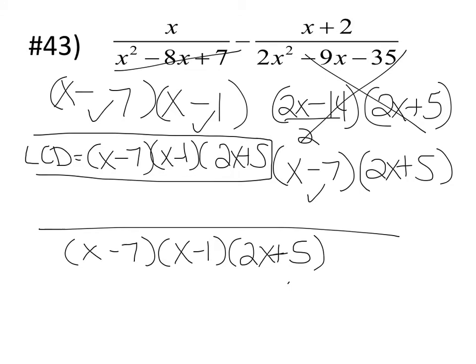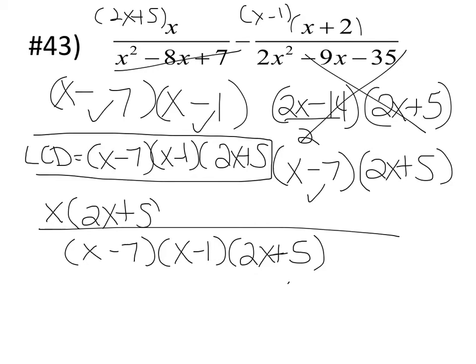So what is each denominator missing that the common denominator has? Well, this is missing a 2x plus 5. So that's what I'm going to multiply here. Make sure you have parentheses around your x plus 2. And then this is missing an x minus 1. Okay? So we have x times 2x plus 5 minus, big parenthesis, x minus 1 times x plus 2.